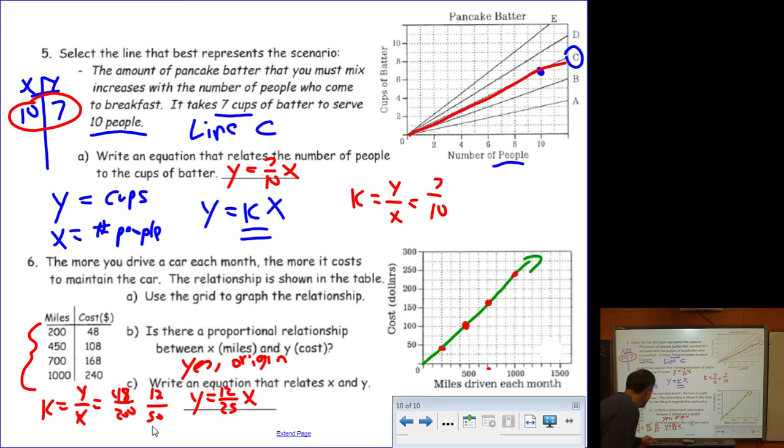It'd be 12 over 50. So that's wrong. And that reduces to 6 over 25. So it's y equals, my goodness, I've messed this up. y equals 6 over 25x.